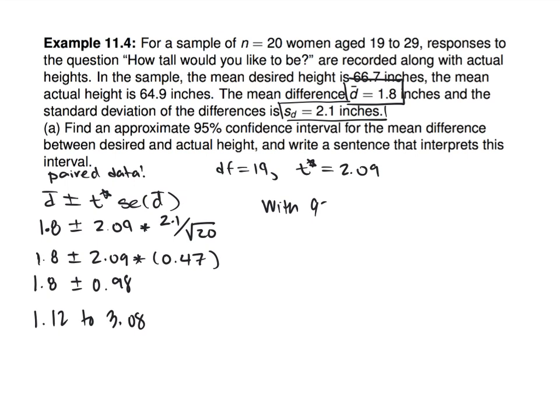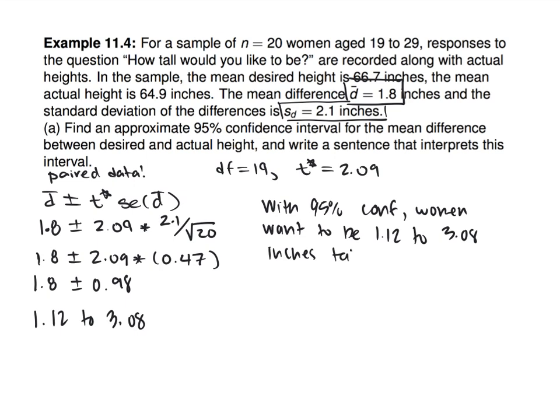And we can say with 95% confidence, women want to be 1.12 to 3.08 inches taller on average. Had those numbers come out negative, that would have meant that the average was that you wanted to be shorter, not taller.